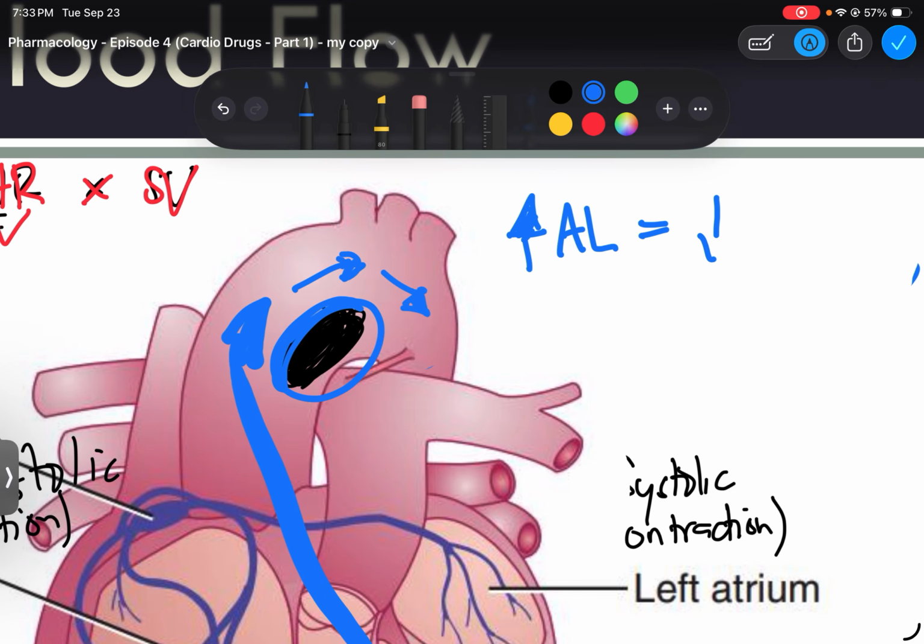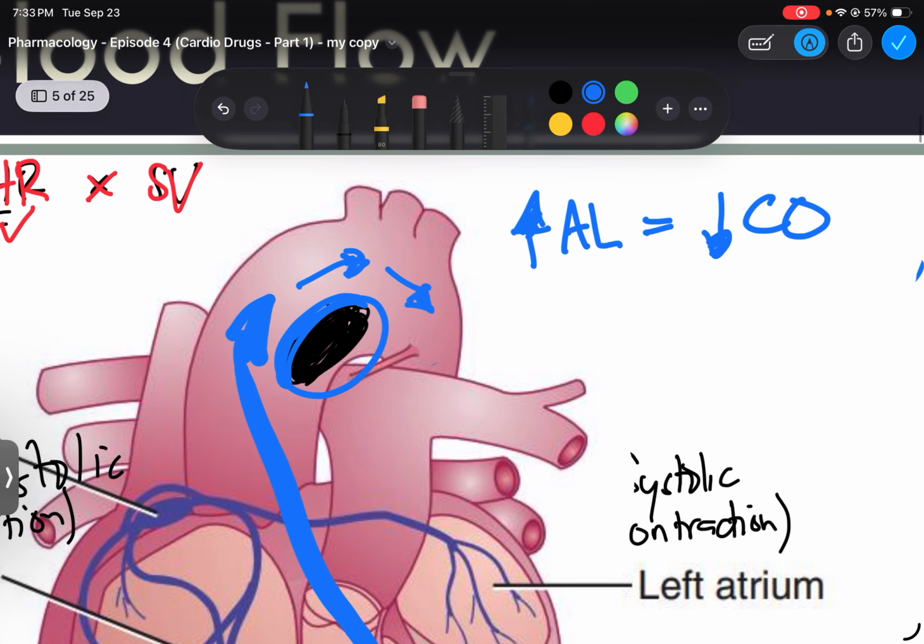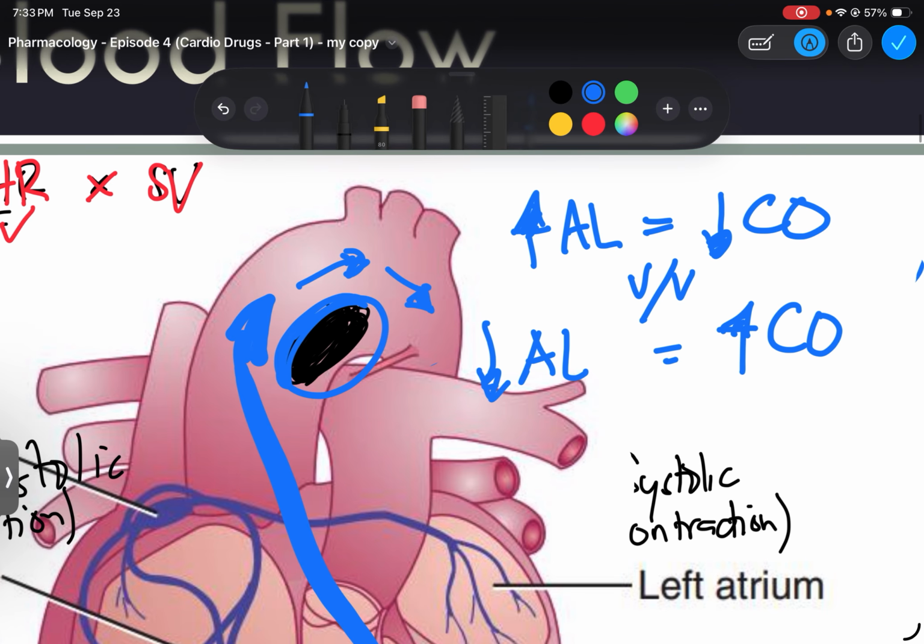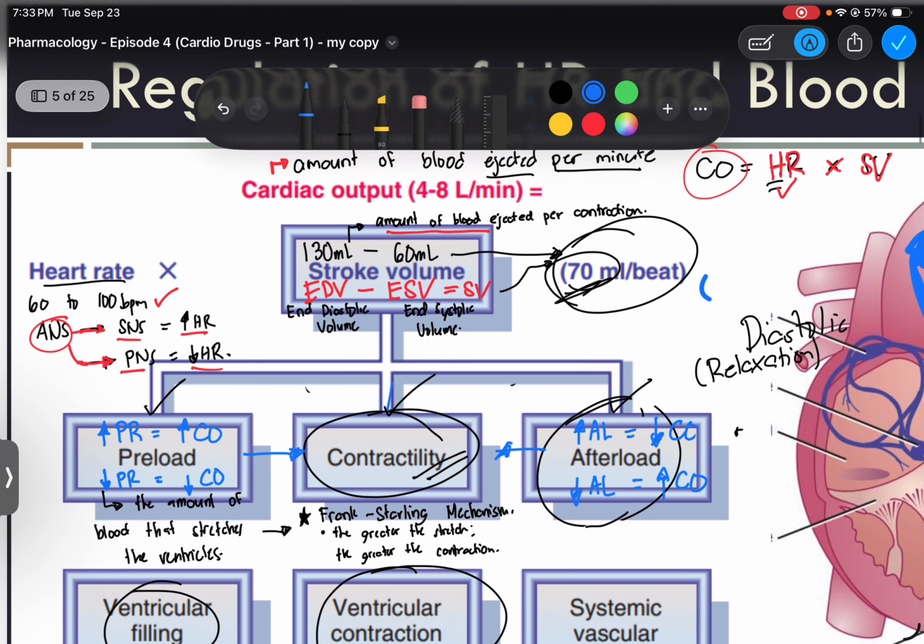Now, if there is an increase in afterload, such as a tumor, then there will be a decrease in cardiac output. And this is vice versa: if there is a decrease in afterload, then there will be an increase in cardiac output. Same goes with preload.